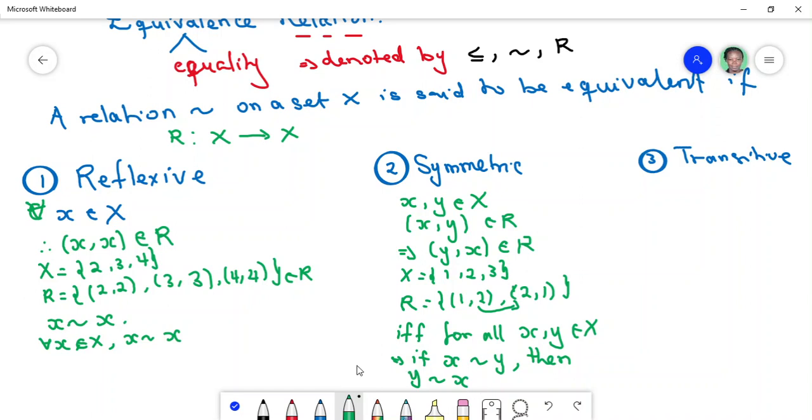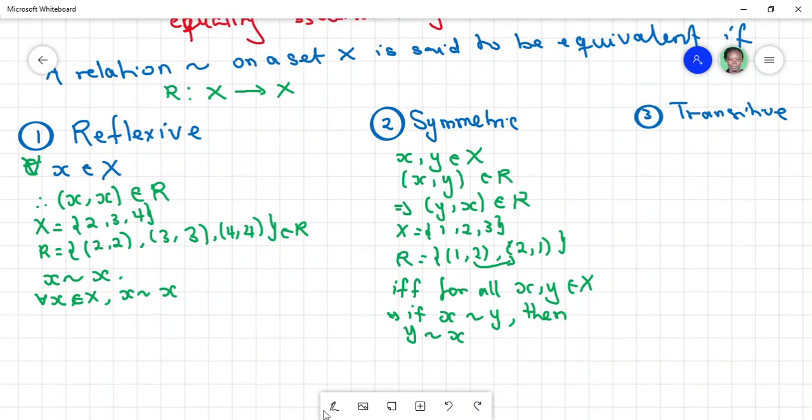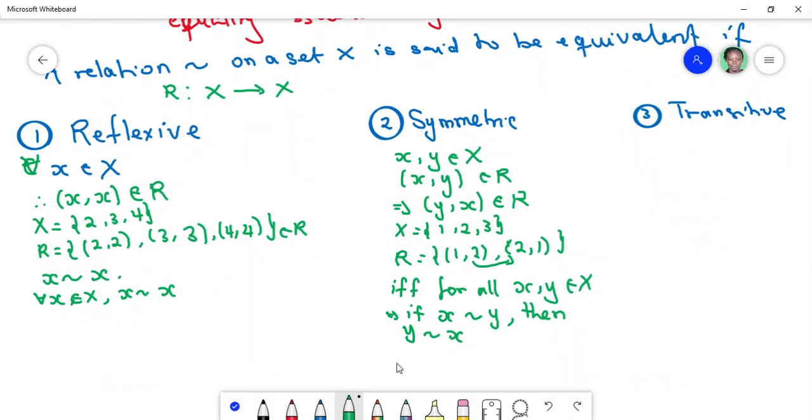So that is what it means. So I can write x related to y will be equal to y related to x. This is equivalence.